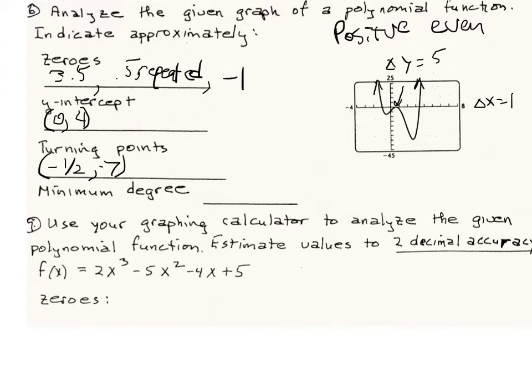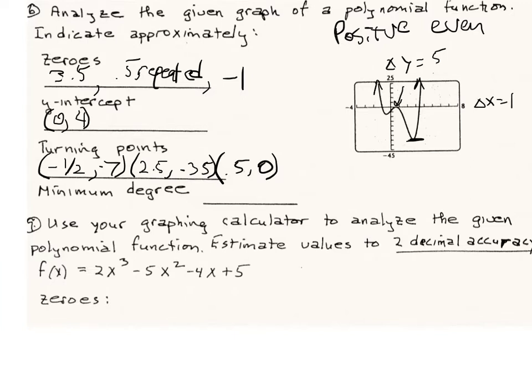The other one, down here, we have a turning point that looks to be about 2.5, comma, -35. So 2.5, comma, -35. And our last turning point is that bounce, which was about at 0.5, so that's going to be at 0.5, comma, 0. That was another turning point.